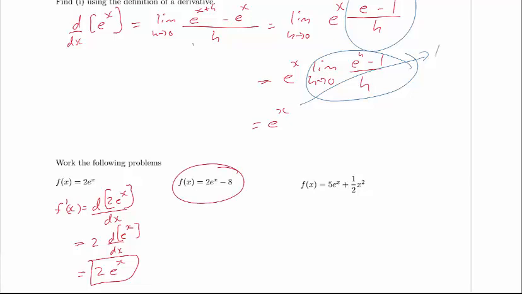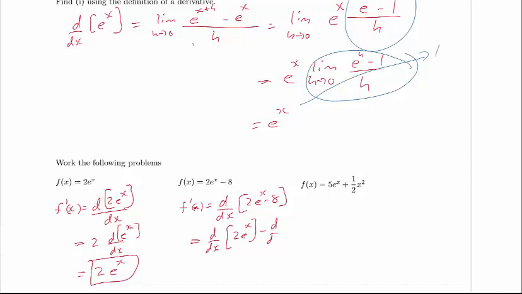All right, let's look at this one. We're going to take f prime of x, and so it's the derivative with respect to x of 2e^x minus 8. And we can break this up: the derivative with respect to x of 2e^x minus the derivative with respect to x of 8. Now 8 is just a constant, so its derivative is 0.